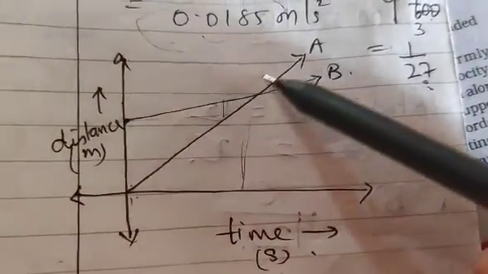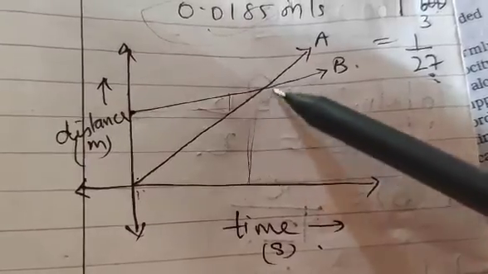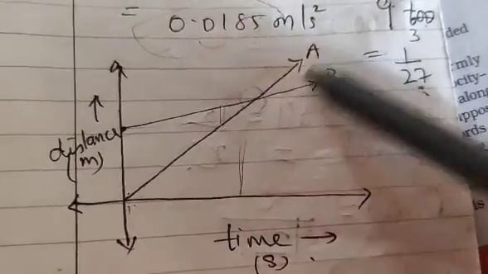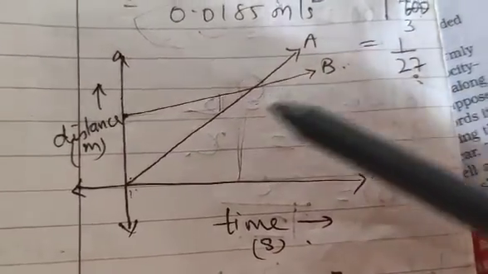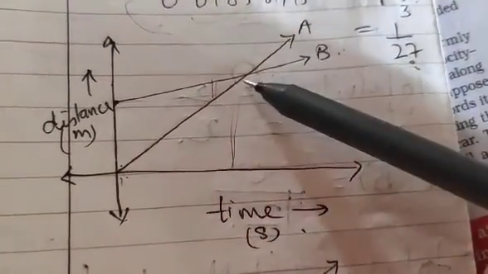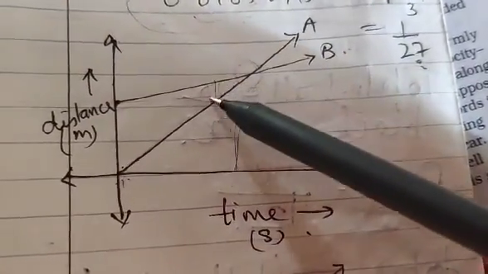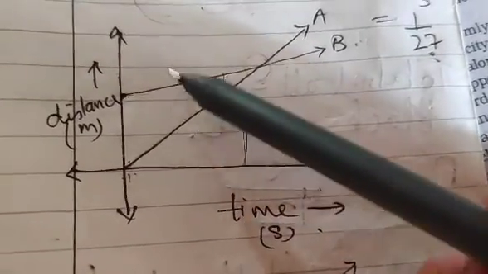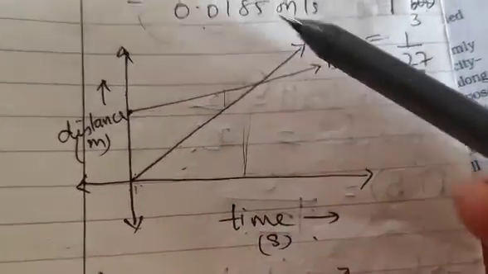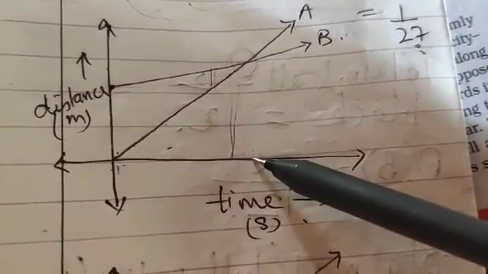Then they are traveling, and at one particular point they cross each other, meaning they must have met at this point. So when you draw two different moving bodies on the same graph, you can first of all find their speeds by taking a slope, and you can calculate their speeds separately. You can also come to know when these bodies will meet, meaning at this time they have met.